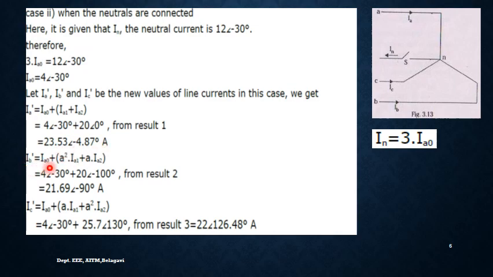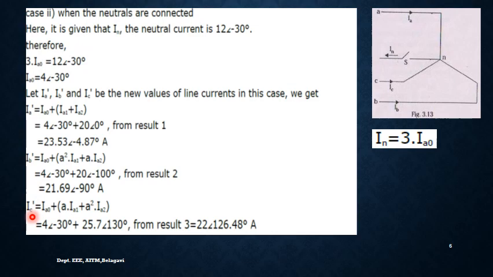Similarly, Ib dash is found using this equation. Previously we obtained this term value as 20 at an angle minus 100 degrees, so we are going to substitute directly in place of this entire term 20 at an angle minus 100 degree, and utilize Ia naught directly to find this Ib dash value.